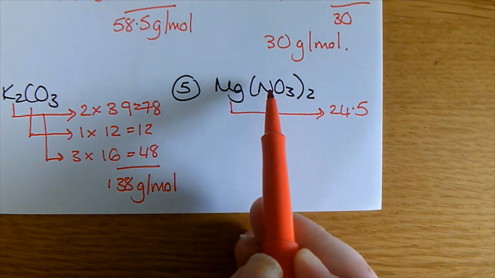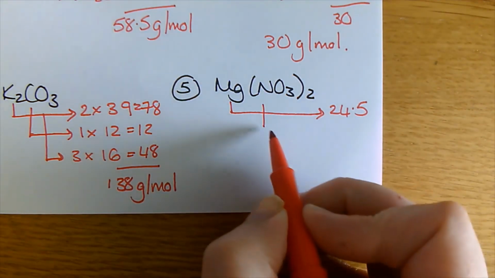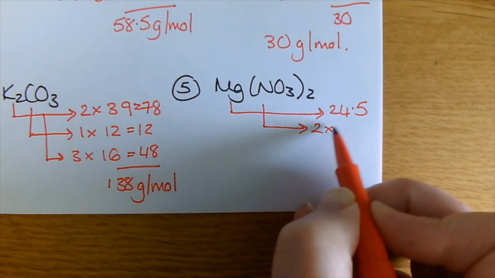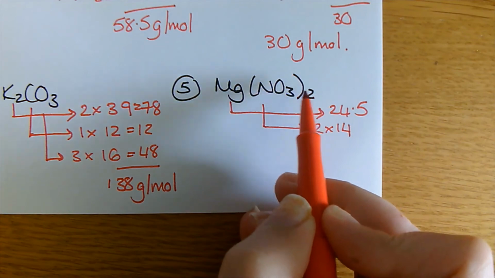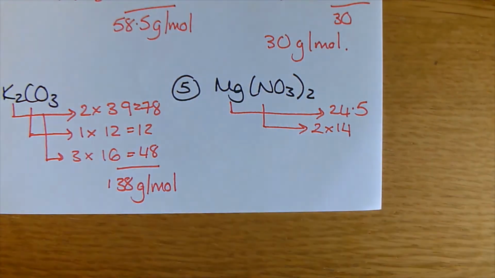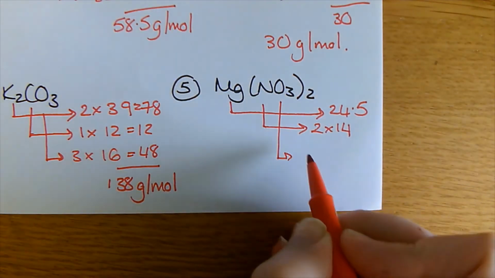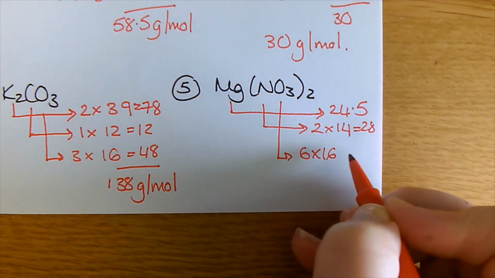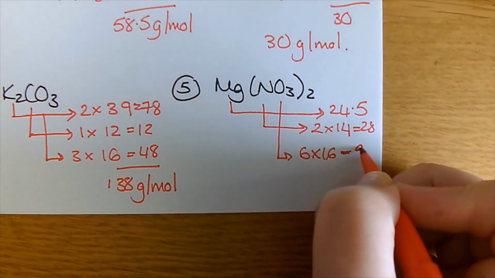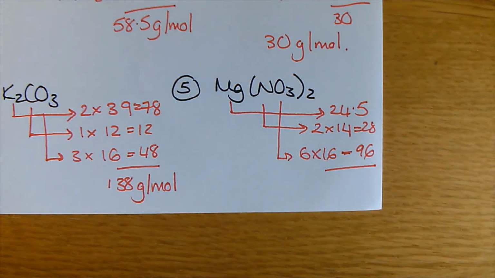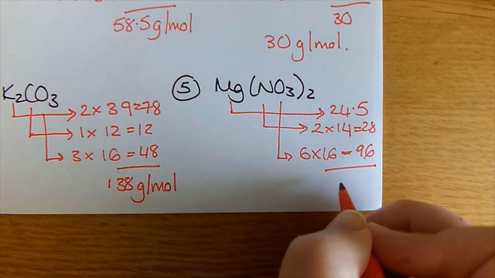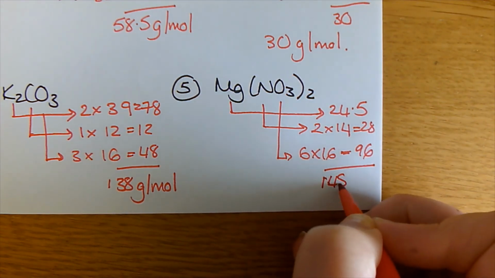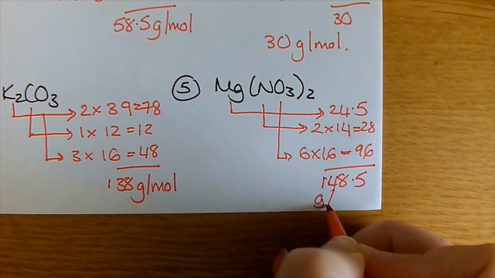So here we have 2 nitrogens, 2 times 14, and we have 2 times 3 oxygen, so it's 2 times 3 equals 6 oxygens, so 6 times 16. And if we add that all up, 24.5 plus 28 plus 96, we get a final answer of 148.5 grams per mole.